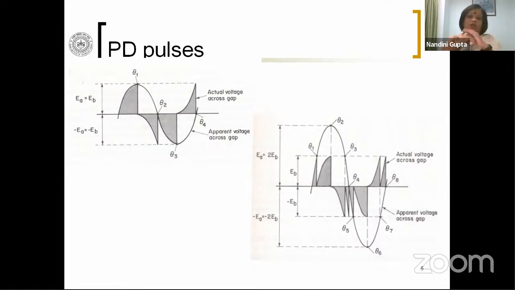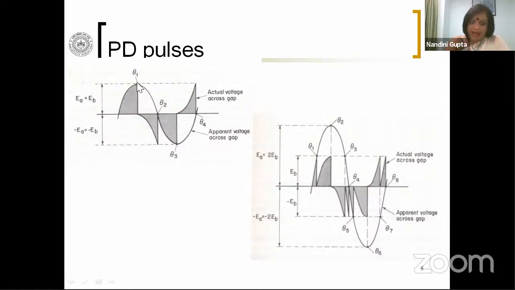Now, once the voltage reaches 0 across the void, remember, the dielectric has not lost its insulating property, and therefore you are still able to apply voltage across the metallic electrodes. So as the voltage across the metallic electrodes continues to follow the sine wave, the voltage across the gap will also continue to follow the sine wave.